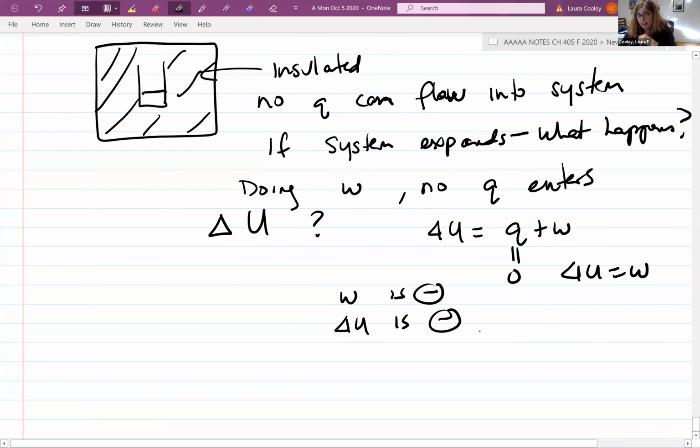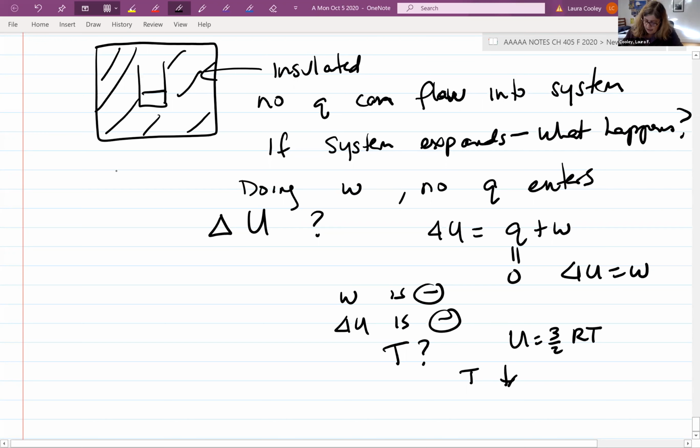It's going to go down, right? Delta U is negative. What happens to the temperature? The temperature has to go down. So if you can't get that heat coming in, it's not going to be isothermal.